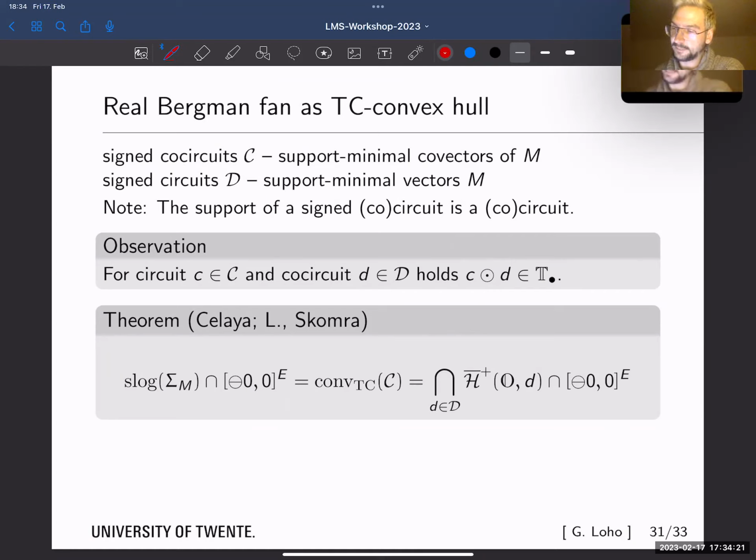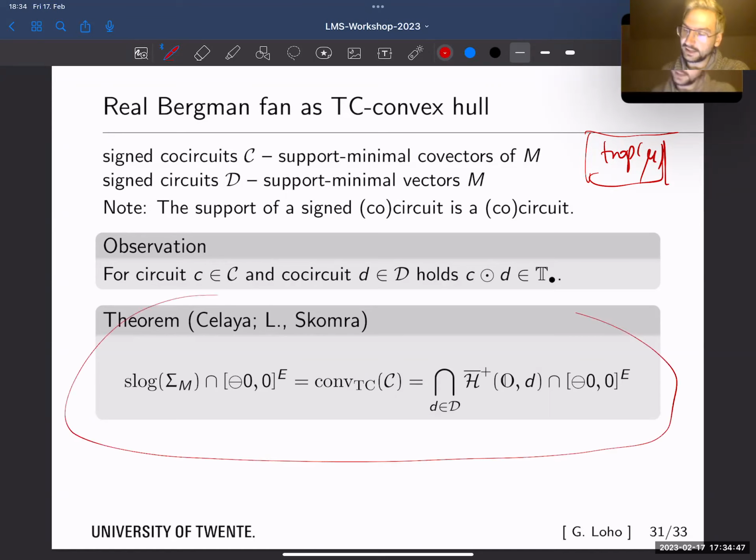I essentially asked about this trop mu in the talk before, how you would define it, because this is the tropical convex hull of the evaluated circuits or co-circuits, depending on how you define it. We essentially get a result in the signed case, just as a pointer for those who like oriented matroids and Bergman fans.